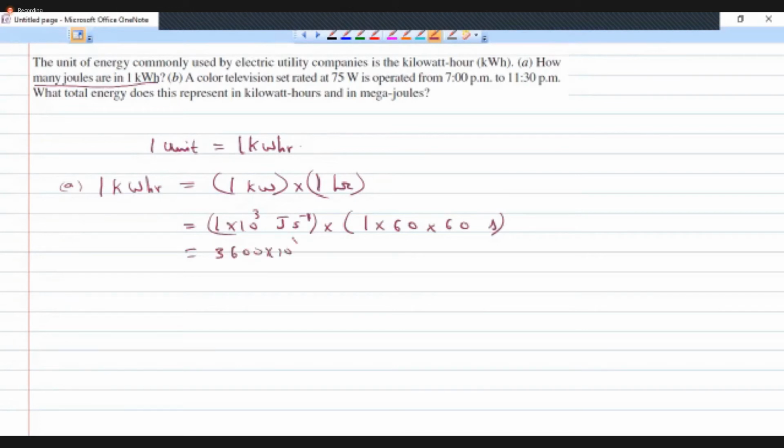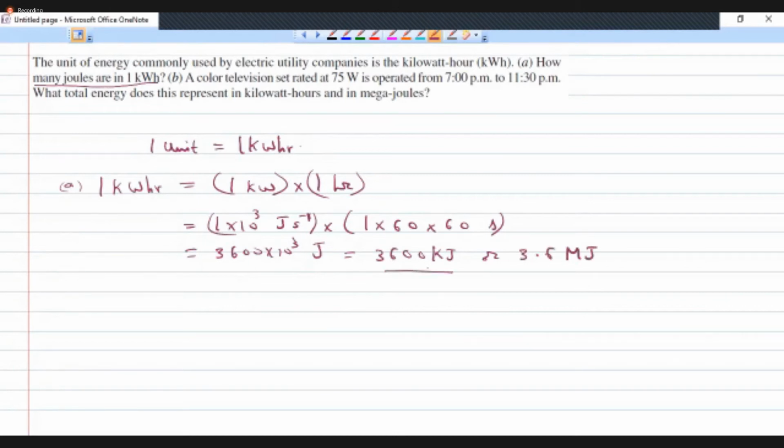Second will get cancelled, and what remains is joules. So this is nothing but 3600 kilojoules, or you can adjust the decimal place and rewrite this as 3.6 megajoules.